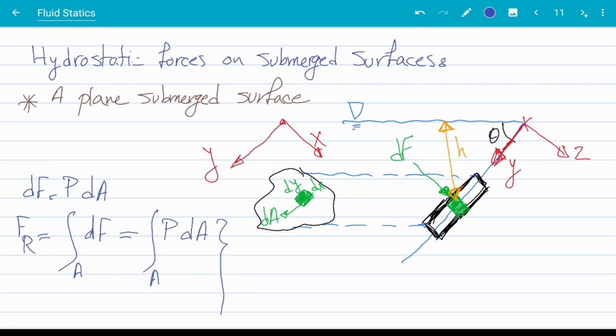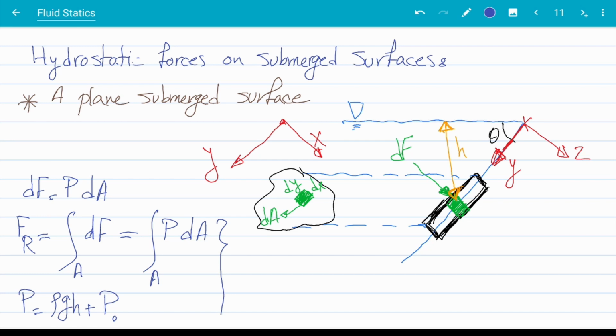So far, so good. Now we need to know how the pressure changes. Based on what we know so far, we know that the pressure at any given depth inside a liquid is rho g h plus, of course, the pressure of the atmospheric air outside the liquid.